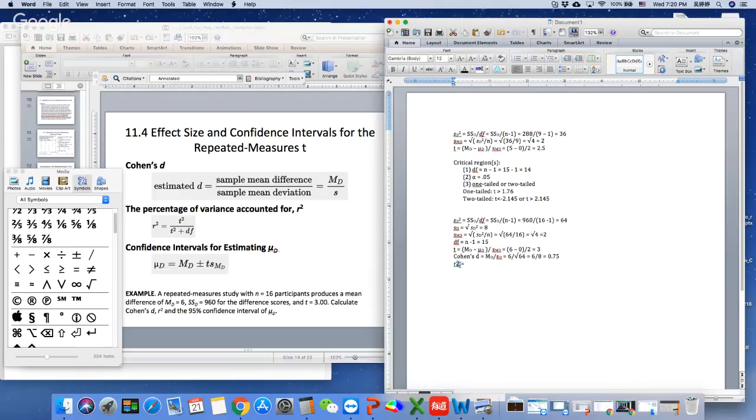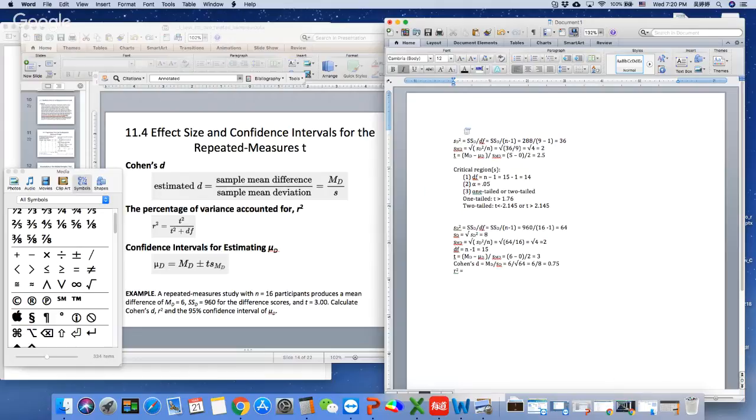Okay, so you're asking whether I'm going to give you the SS value in the exam, right? I will give you the raw score in the exam, and then you need to compute the SS value yourself. Based on chapter 5, you will know how to compute the SS, right?